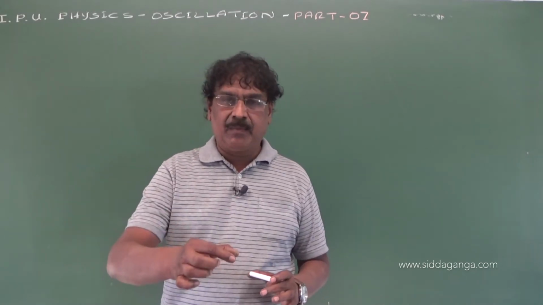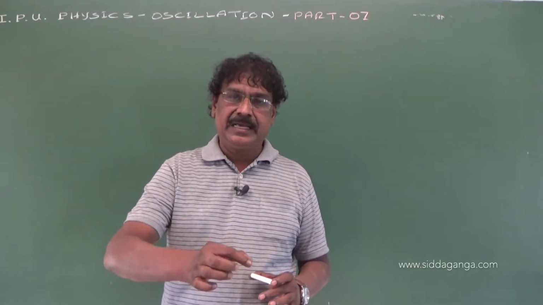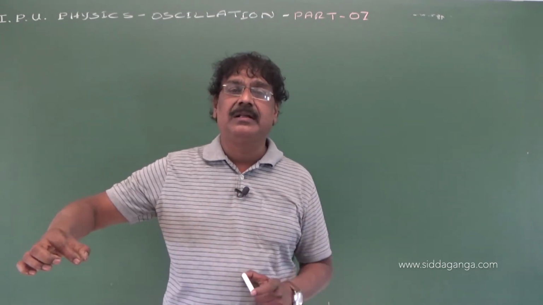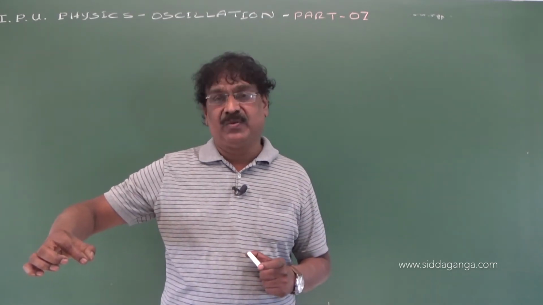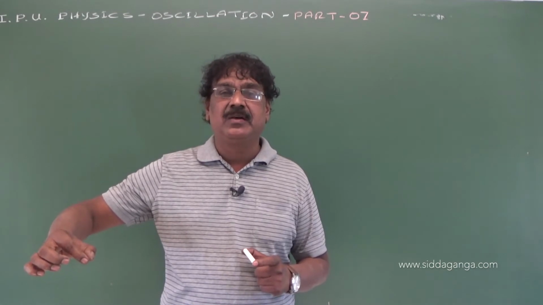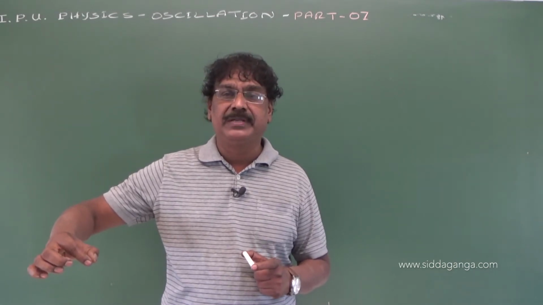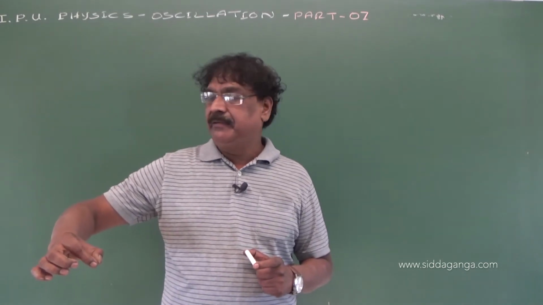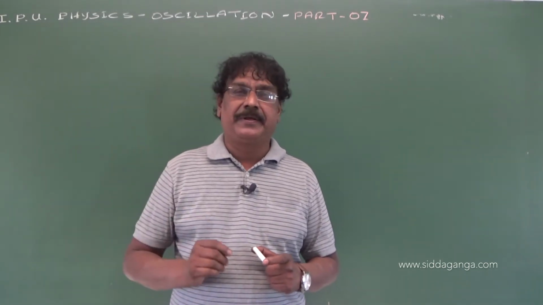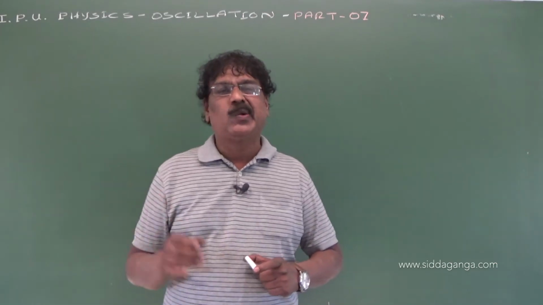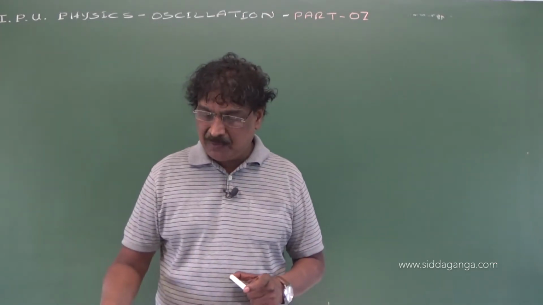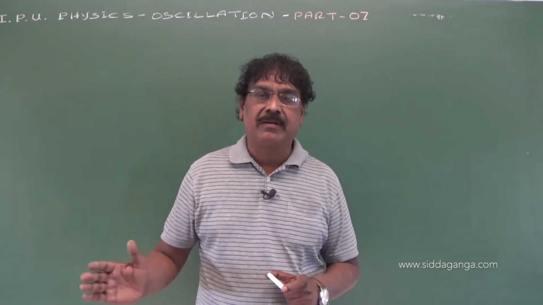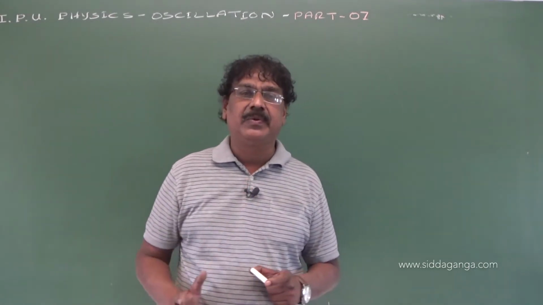When the bob is taken in hand and slightly displaced, that force is called the displacing force, that changes the position of the bob from its mean position to a certain displacement. When we leave that bob, the displacing force becomes 0. Now the bob moves towards its mean position.